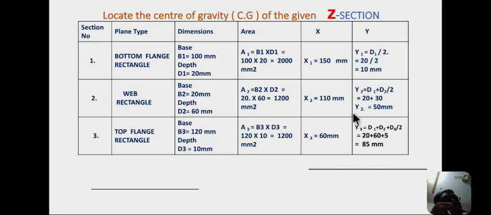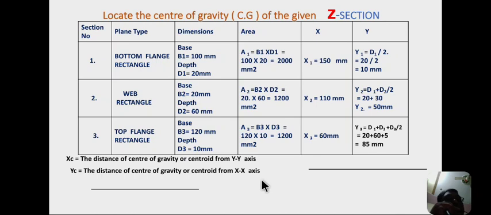From the general expression, xc equal to the distance of the centroid or center of gravity from the y-axis, and yc is the distance of the centroid or center of gravity from the x-axis. Now xc equal to A1 x1 plus A2 x2 plus A3 x3 by A1 plus A2 plus A3.